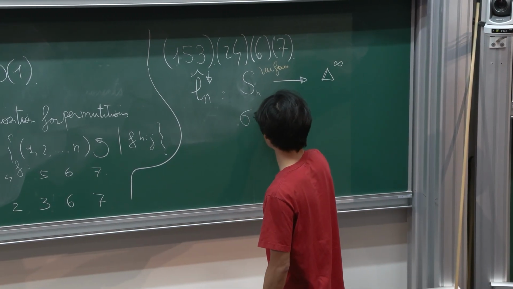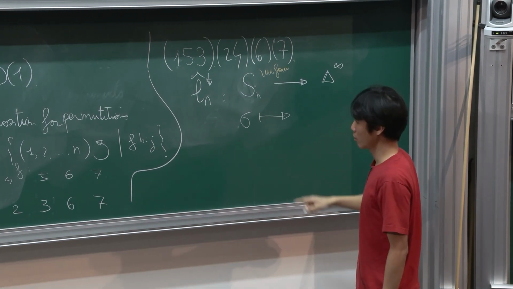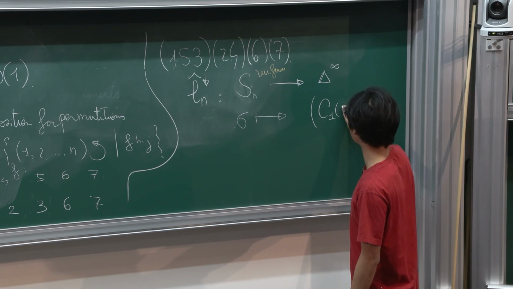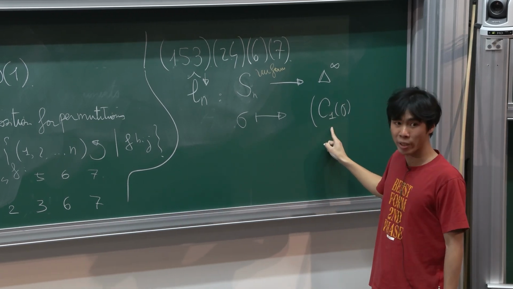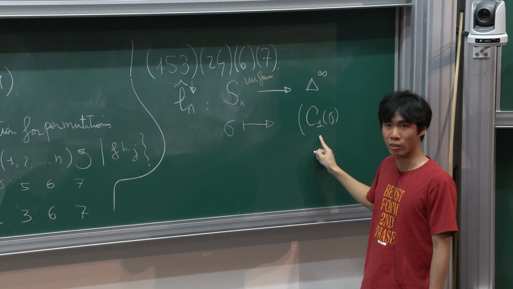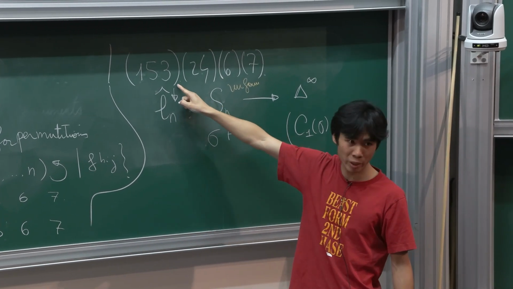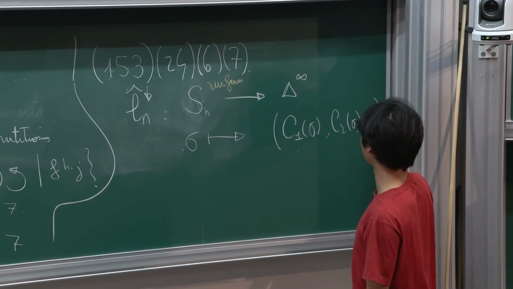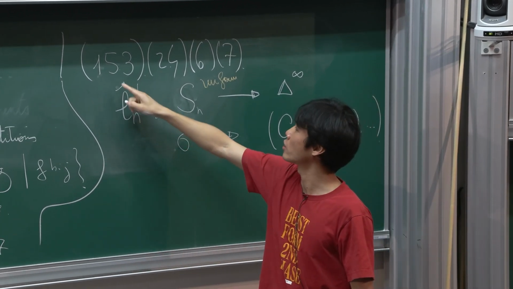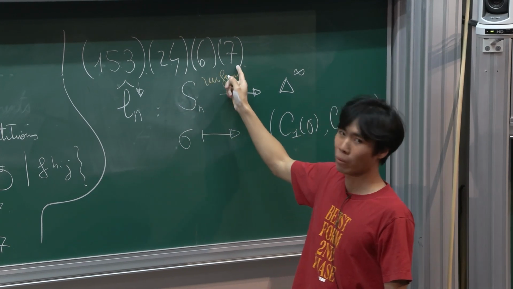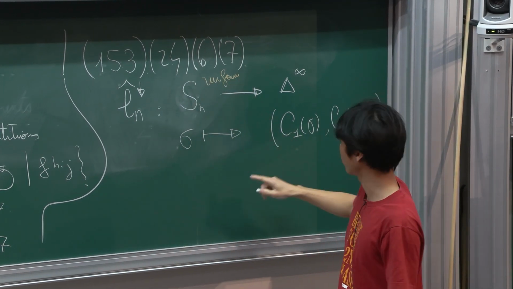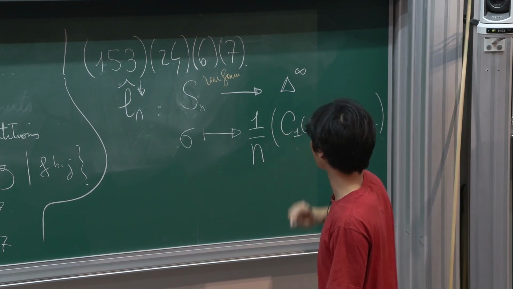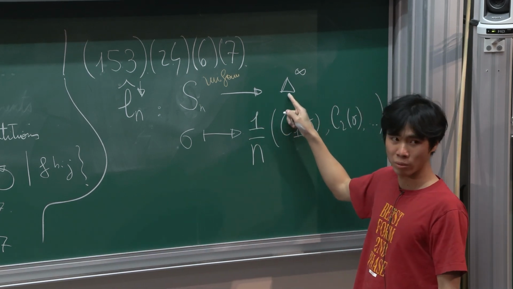You associate to every permutation C1, which is the size of your biggest cycle. In this case, it's 3, and the second one, etc. So in this case, it's just 3, 2, 1, 1. And of course, you normalize everything by 1 over n to get something which lives in a simplex.